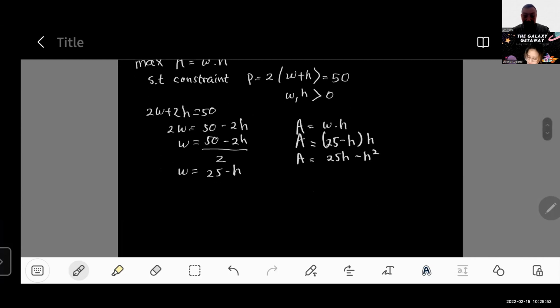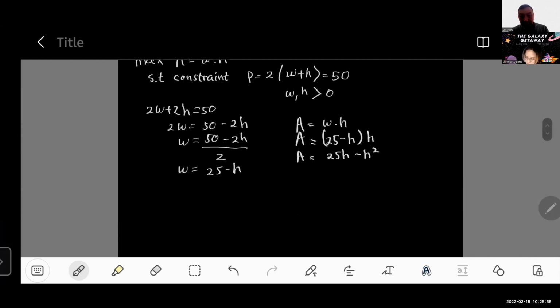Okay, very good. And then we want to maximize, so optimum, so we can do the derivative. Correct. The derivative dA/dH.